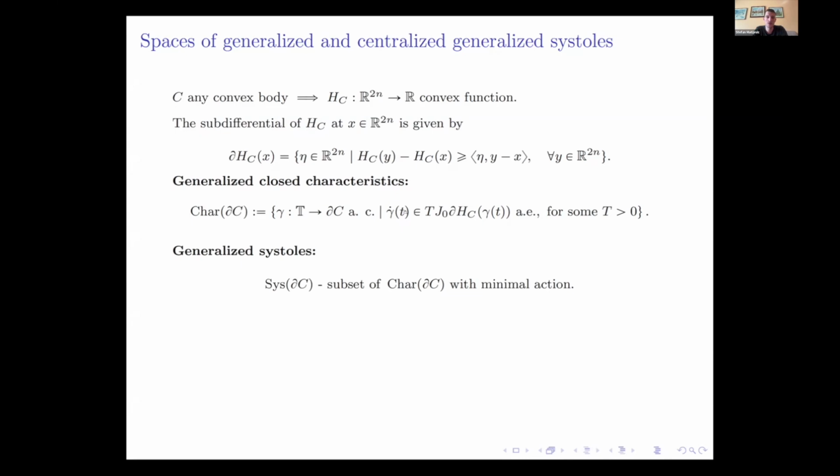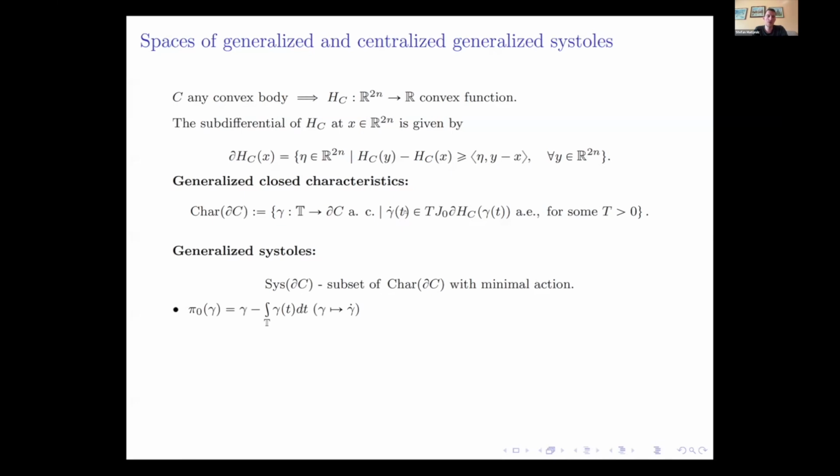So in particular, if we fix some generalized closed characteristic, it will belong to the space W^{1,∞}, so it will have a finite action, and then we just take the subset of these characteristics with minimal action. It is always non-empty. This was shown by Clarke. And then another thing I want to introduce here is the space of centralized systoles.